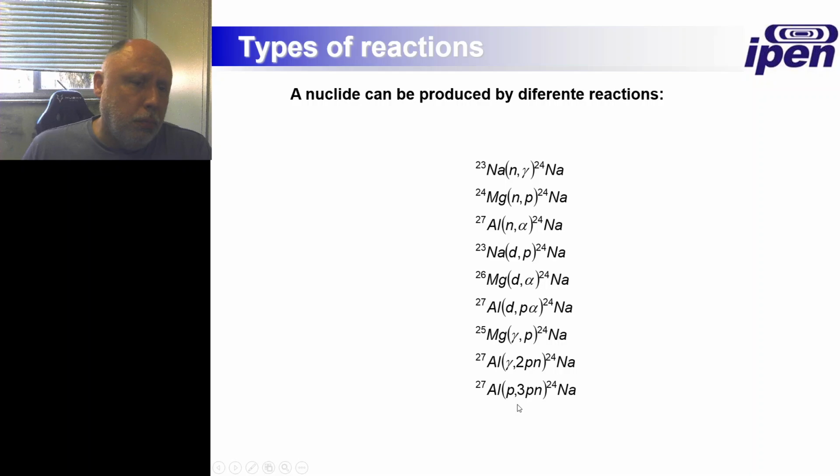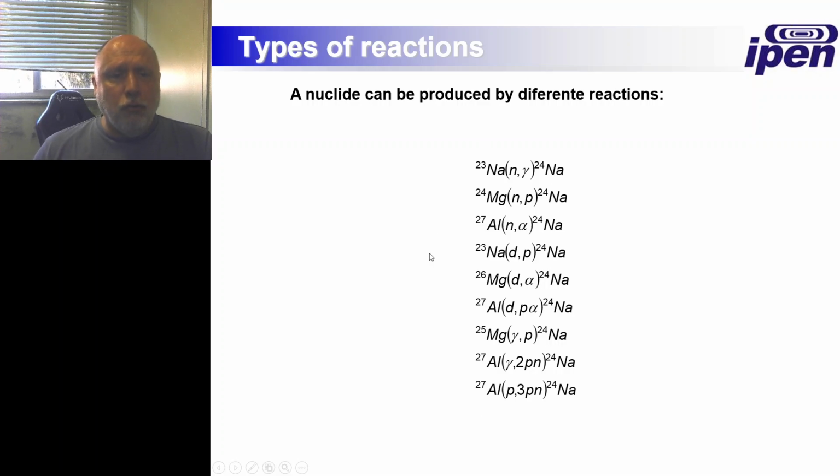If you have a neutron beam, you will produce things using neutrons. So you have all these ways here to produce sodium-24 using neutrons. If you have a gamma ray source, then you have to do one of these, right?